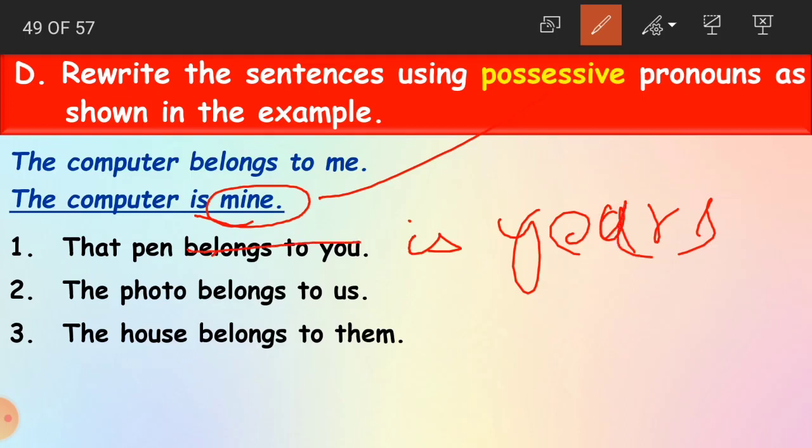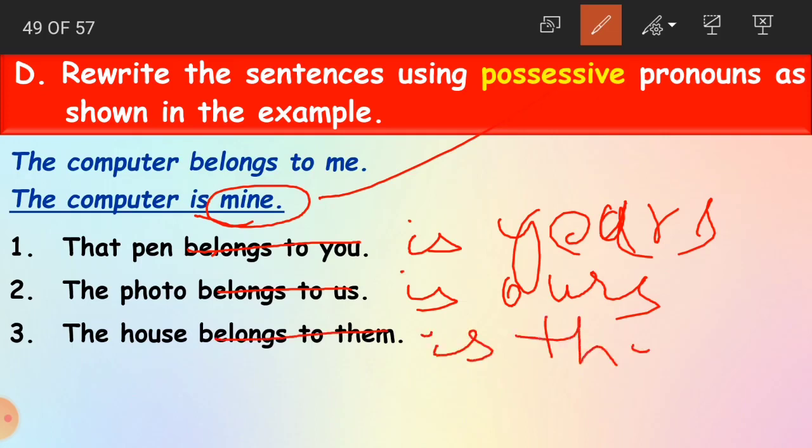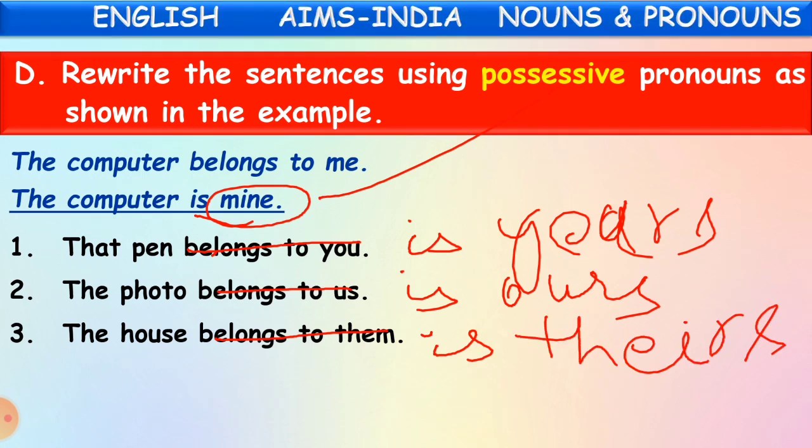The photo belongs to us. The photo is ours. The house belongs to them. The house is theirs. This is theirs. Clear children?